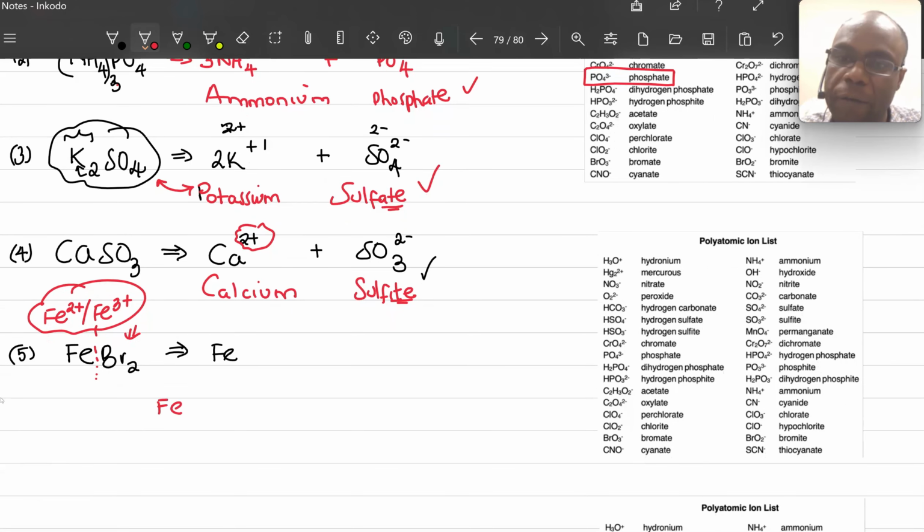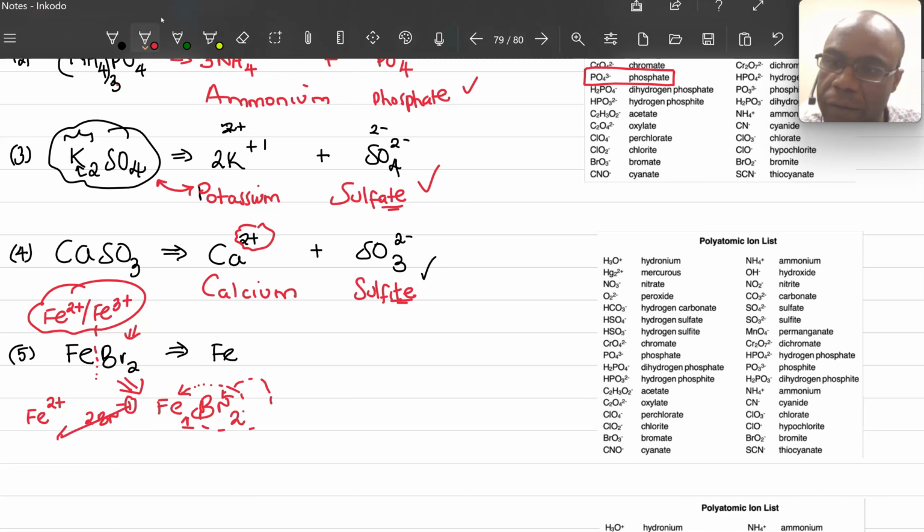We follow the reverse of how to write the formula. This formula can be written as iron subscript 1, bromine subscript 2. So the 2 really came from the Fe, and the 1 came from the bromine, meaning we must have had Fe2+ and 2 Br minuses. So -1. You see this one?